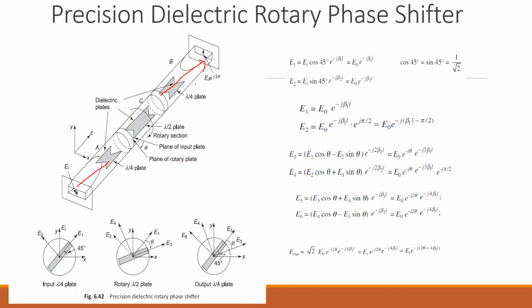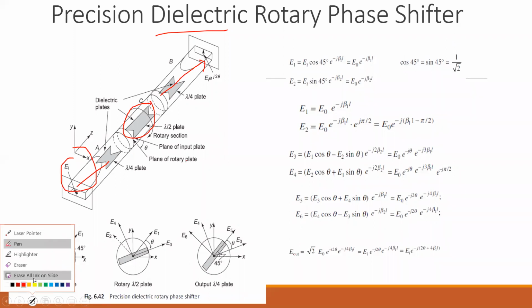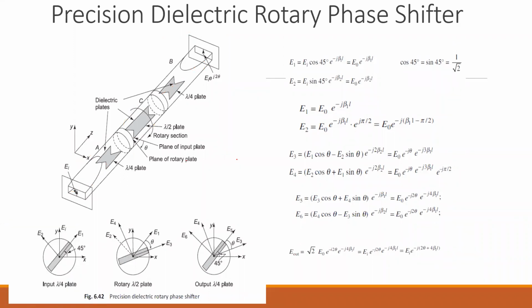Depending on the rotation of this dielectric material you are introducing, there will be a phase shift introduced to the field you are inputting at one end of this phase shifter. So at the other end there will be a phase shifted version of the signal.